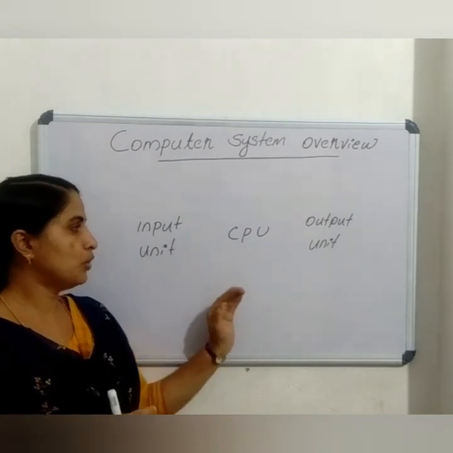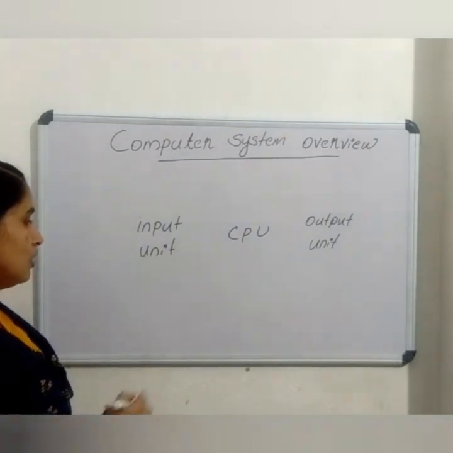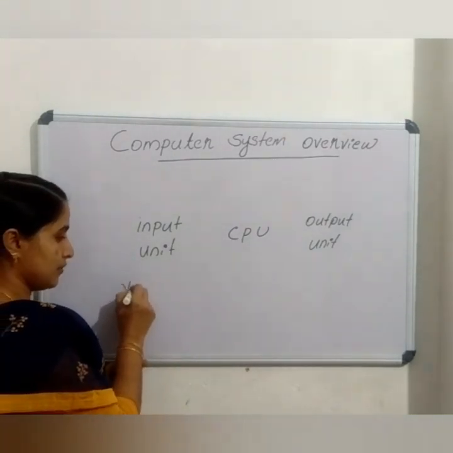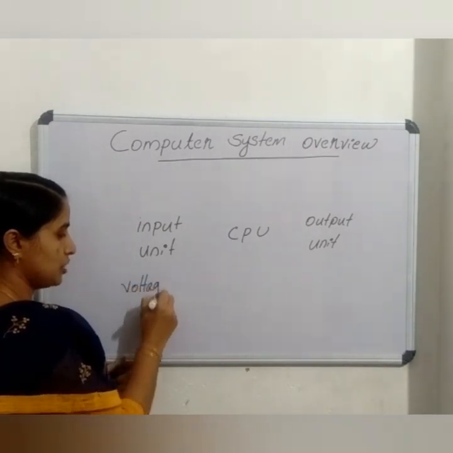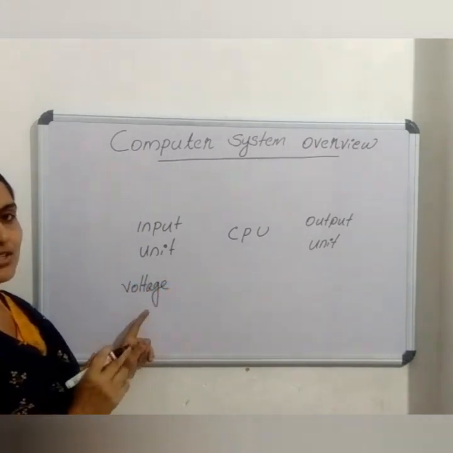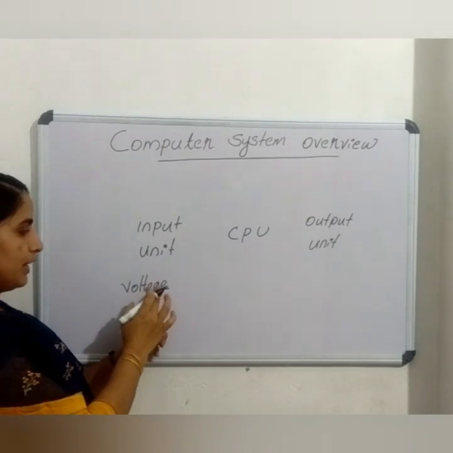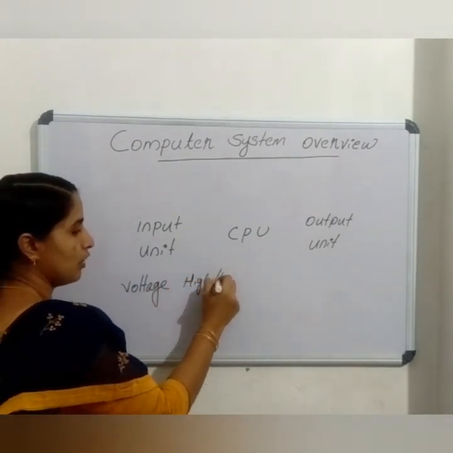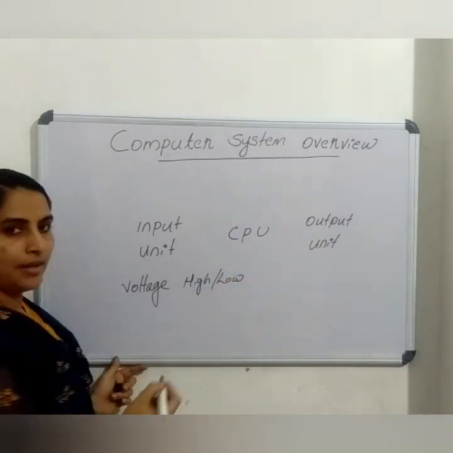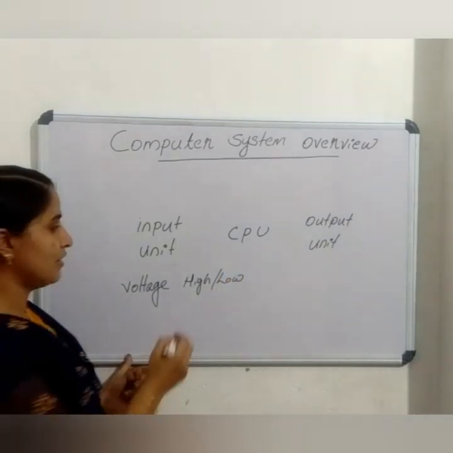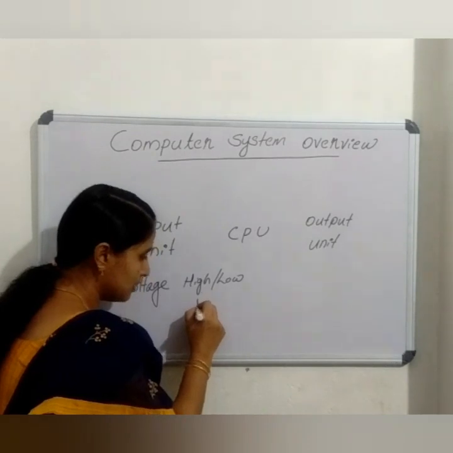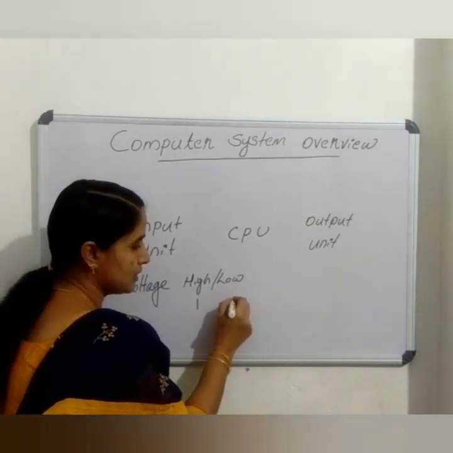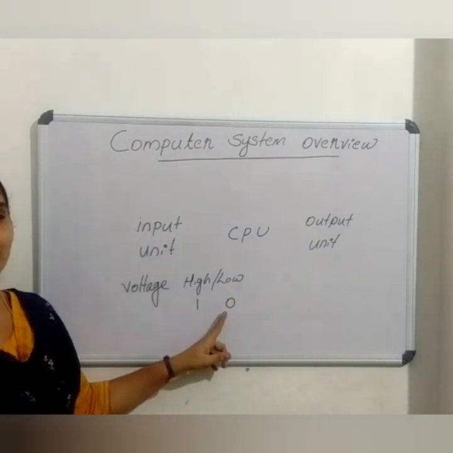And a computer knows the language of voltage. It is functioning with electricity. So it knows the language of voltage, that is either high voltage or low voltage. And in a digital computer, we are representing this high voltage with the number 1 and low voltage with the number 0.